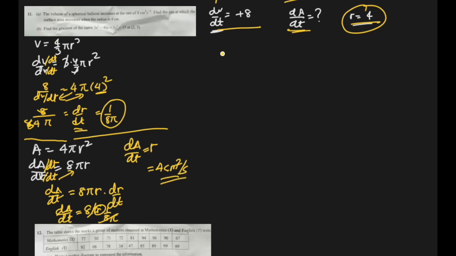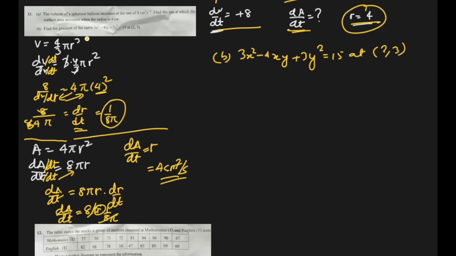Now B part. Find the gradient of the curve 3x squared minus 4xy plus 3y squared equal to 15 at (2, 3).